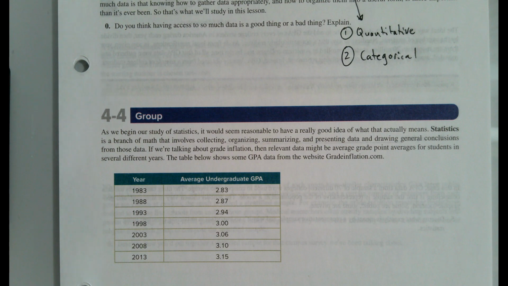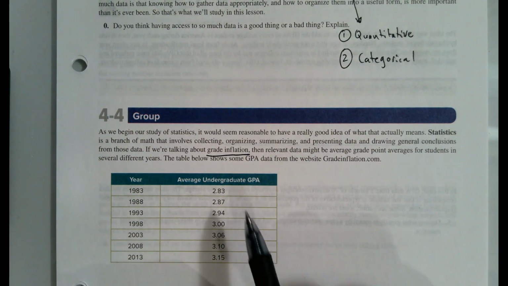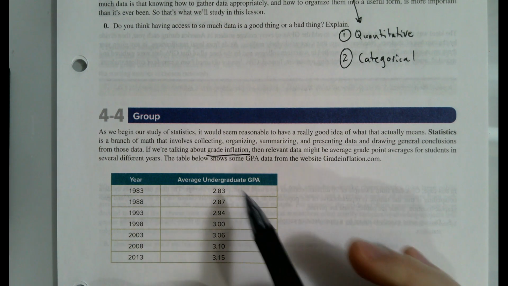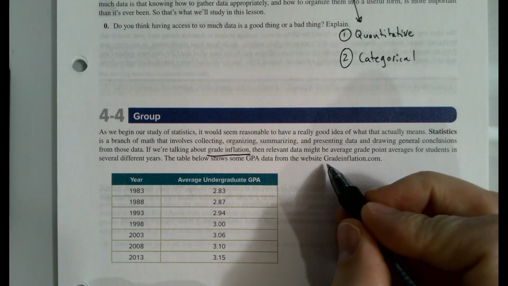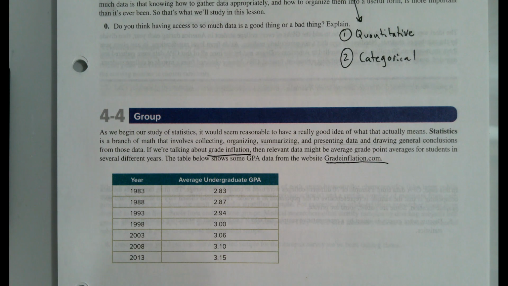So, okay, maybe that's true. Maybe it's not. How might we answer that question? How might we determine if there's grade inflation? One way is to look at the grades themselves and see what kind of grades are being handed out. So here's a table of data. If you want to look at where this data came from, you can look at gradeinflation.com.